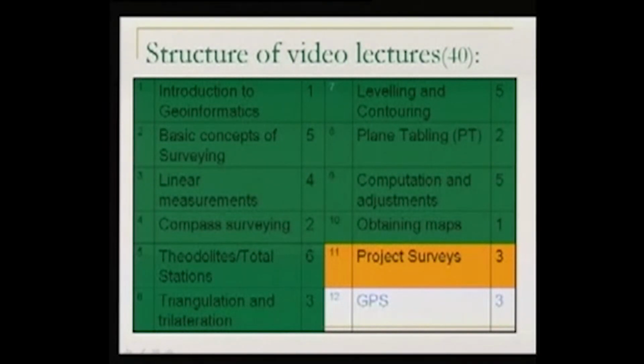So we have already completed project surveys, and all these have been completed now. At the moment we are in the last module, and we will complete this module in 3 lectures.